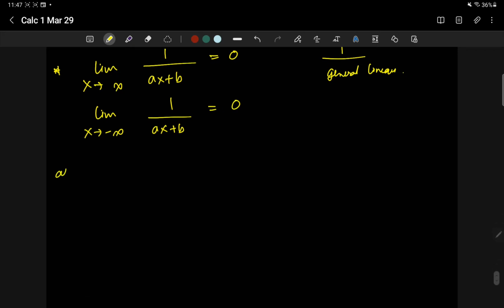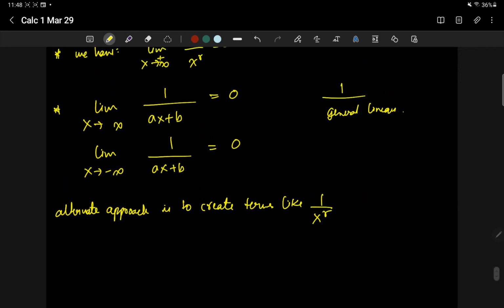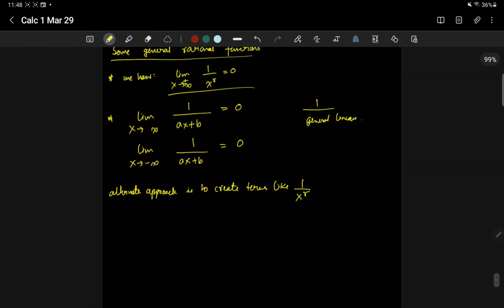Okay, an alternate approach is to create terms like 1 over x to the r, because then we can use this result.